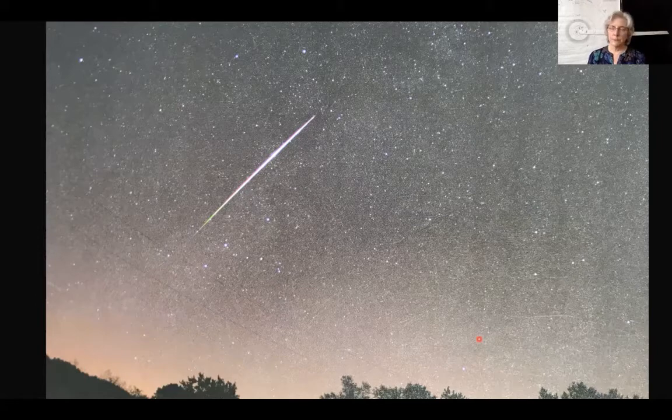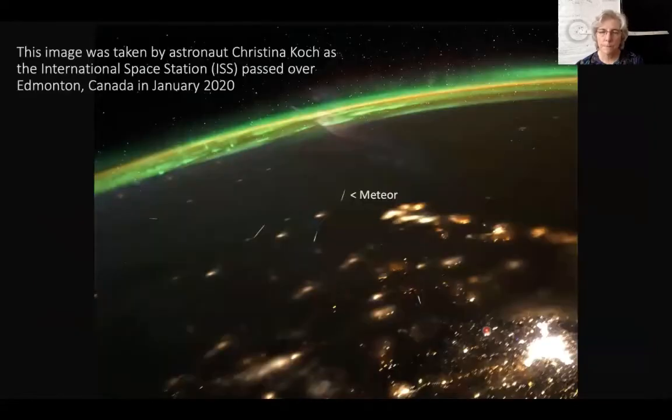Now, a lot of people don't know how high up meteors are. So let's take a look at another picture that might give us a hint. This picture was taken from the International Space Station in January of this year. This is Edmonton, Canada, right here.